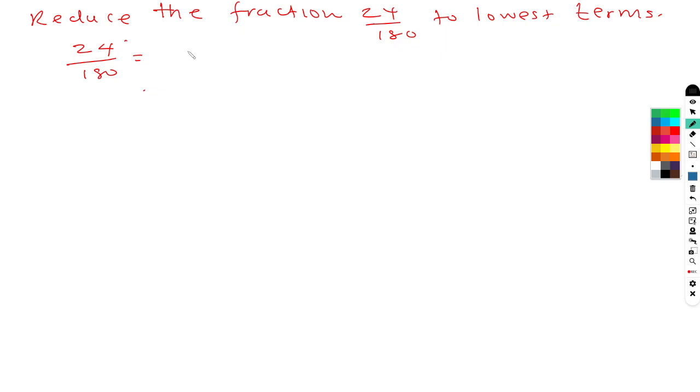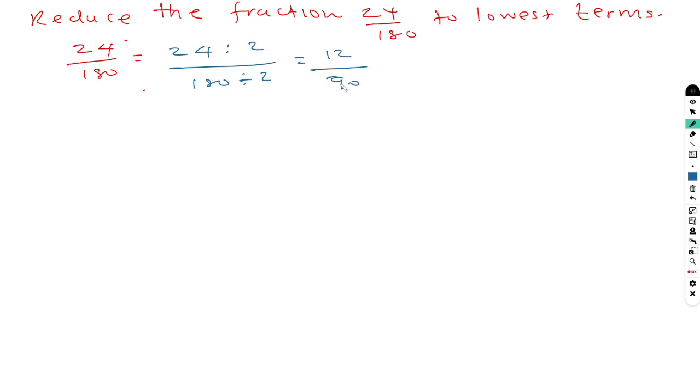Okay, so let's do 24 divided by 2 over 180 divided by 2. 24 divided by 2 is 12. 180 divided by 2 is 90.